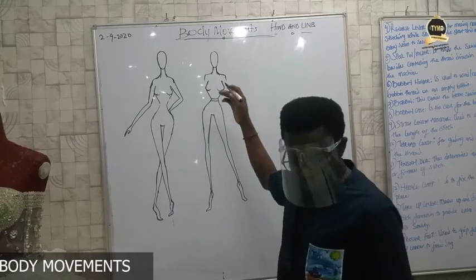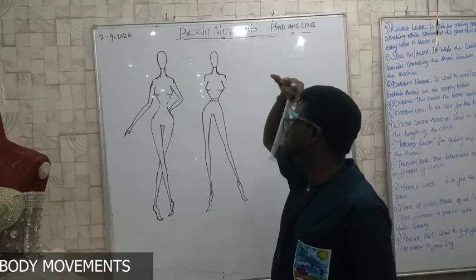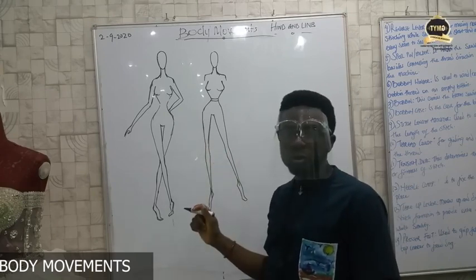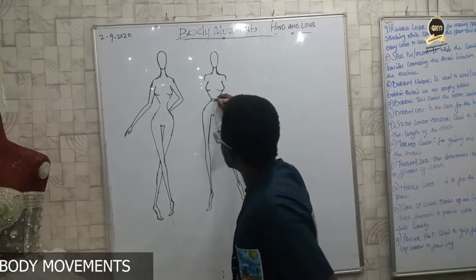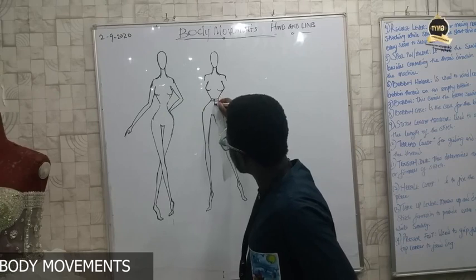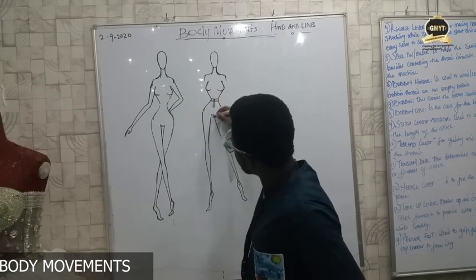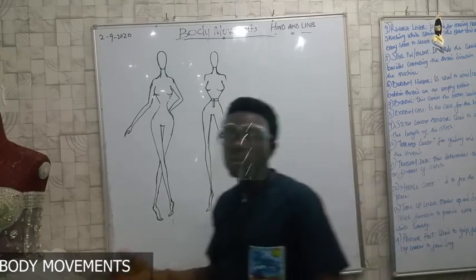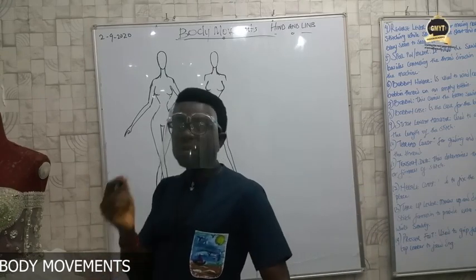Because my topic for today is more of body movement and styling. Now this is how to style the figure. Now I have the button. Now I talked about the wide leg pants. If you check, we have videos of the different pant trousers. We have the wide leg pant there.